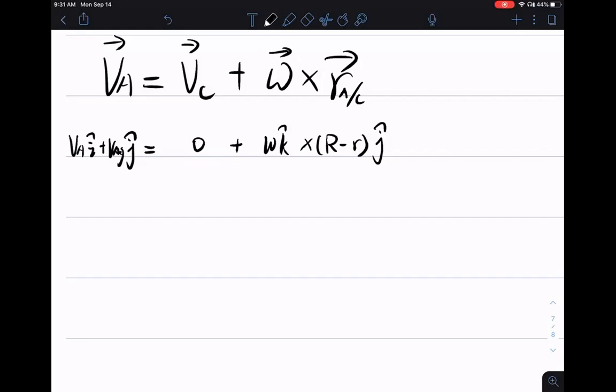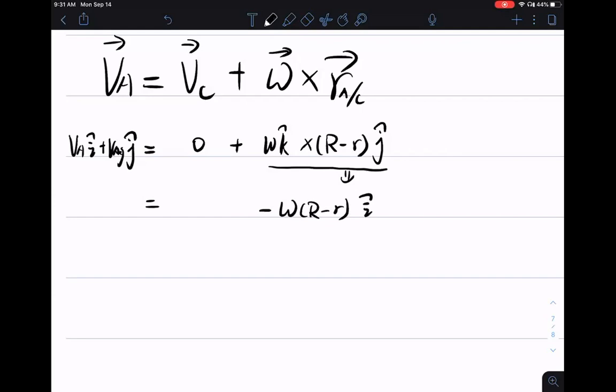So break it down to two scalar equations, on i direction we have VA equals, oops. Before I do that, let me just write down what is the result from this cross product. This will give you negative omega (R minus r) i. Okay.